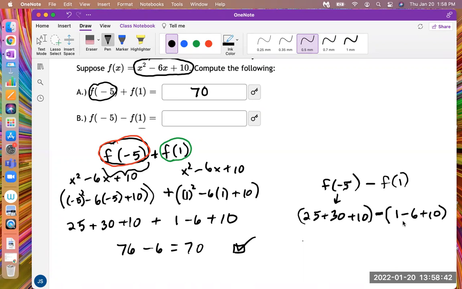So all of this would still be 65. Then I would subtract, and this is 11 minus 5, so 5. So we would end up getting 60 here. So it's actually a lot easier. It looks really hard, but it's a lot easier than it looks. We just have to make sure that the two signs are negative.